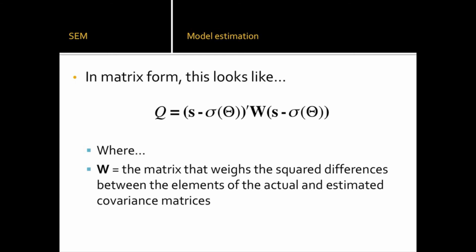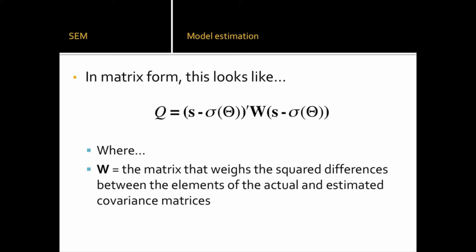But what is this matrix? Okay, it's a weight matrix. Basically, you're weighing the differences, and these are squared differences, like I mentioned, between data and model covariances. So you're weighing these different subtracted values differently depending on what's going to make your model look like the data, or what's going to make the data look like your model.